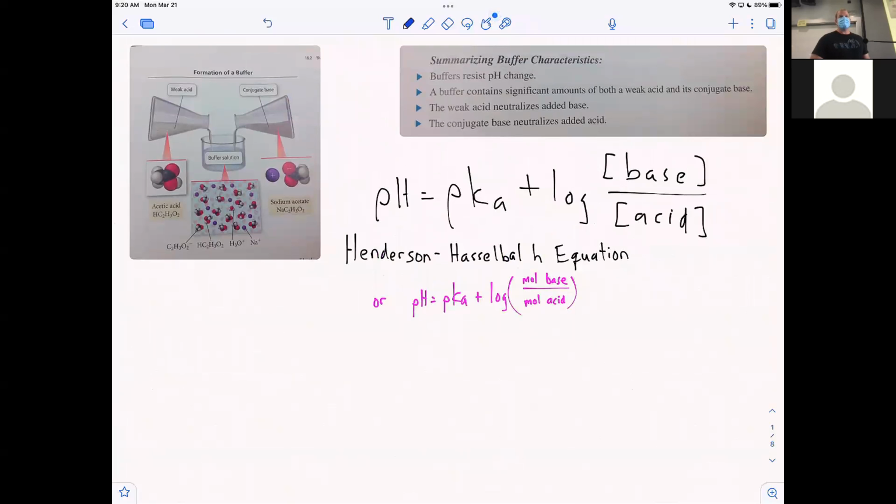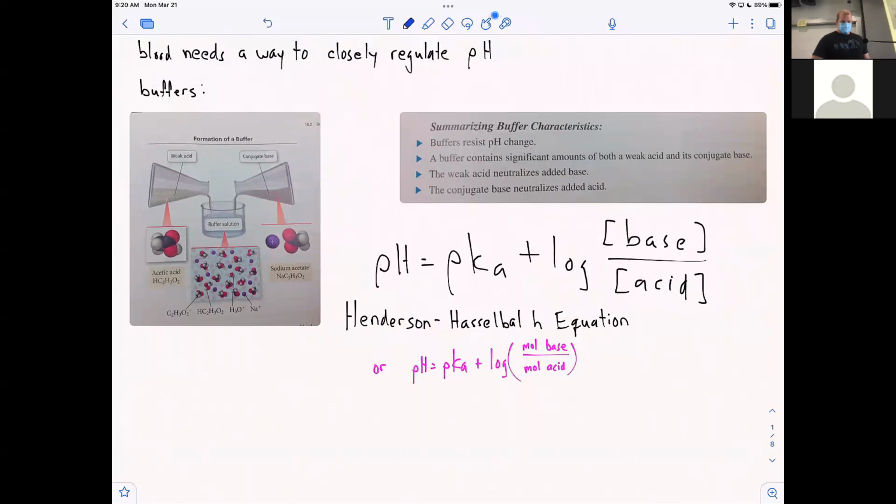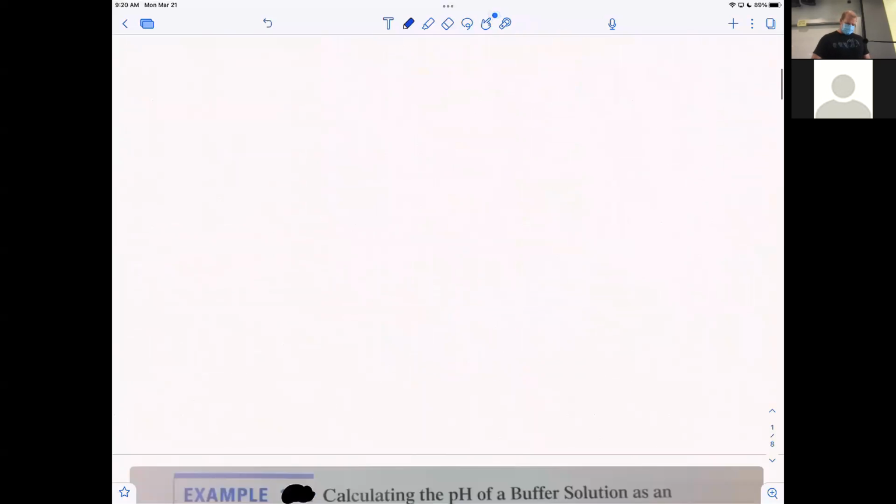You could write it that way as well. I mean, that'd be a different equation. Oh yeah, we can, depends on the context of the problem, but we're about to do an example. Very good question.